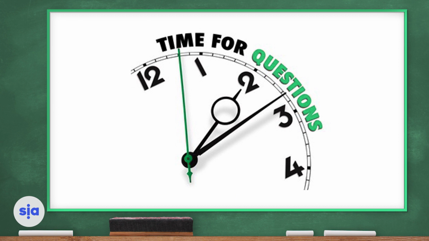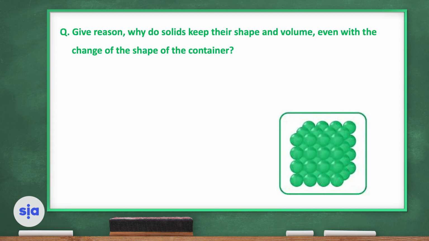Here are some questions for you. Why do solids keep their shape and volume, even with the change of the shape of the container? What is this? Can you see this? This is a mouse. It's solid, of course. Imagine that I will put this mouse in a cup. What do you think?